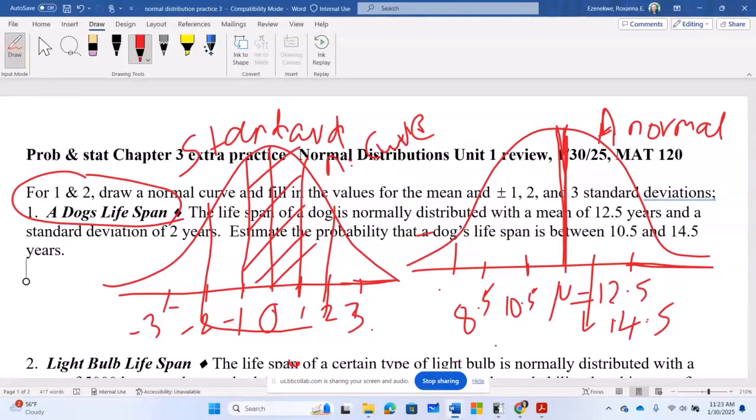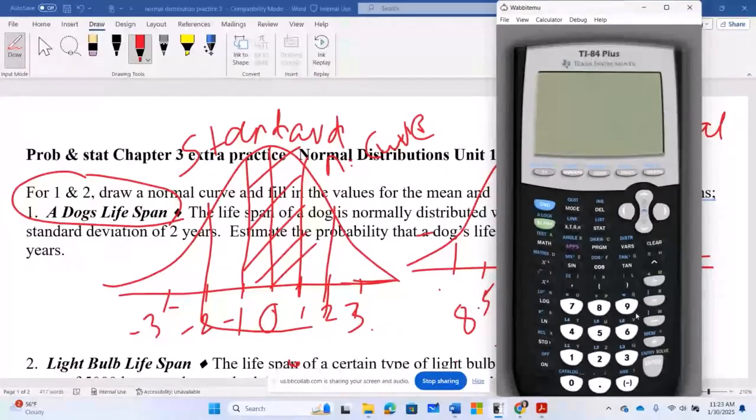Okay, well, let's try and standardize it. And by the way, now we talked about the empirical rule, so we can use the empirical rule. What if we are told to use a calculator? Let's use a calculator and emphasize the empirical rule. Let's actually use a calculator right now. So I am going to use my calculator to see if the empirical rule is correct.